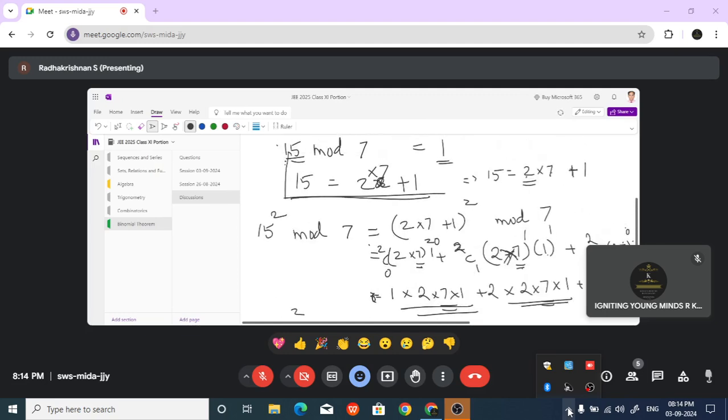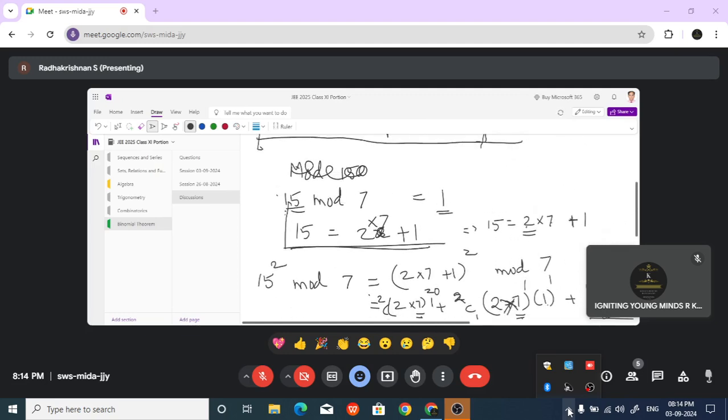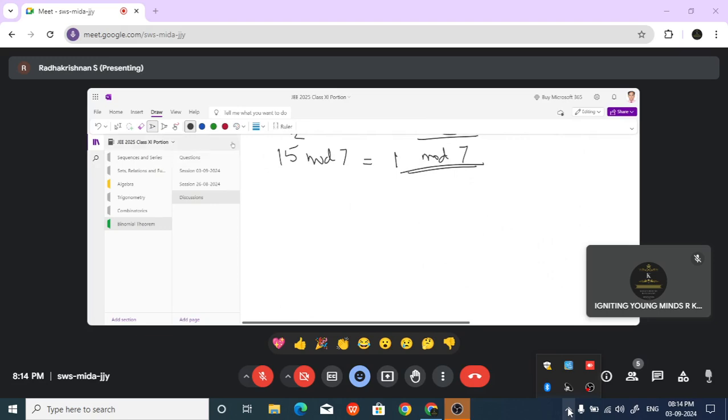So basically, what this proves is that if 15 mod 7 is 1, then for 15 square mod 7, instead of writing 225, we can write 1 square mod 7. Okay, so it is much easier to do. It is simply 1 mod 7, which is 1. Without even dividing 225 by 7, we can say that this will be equal to 1.